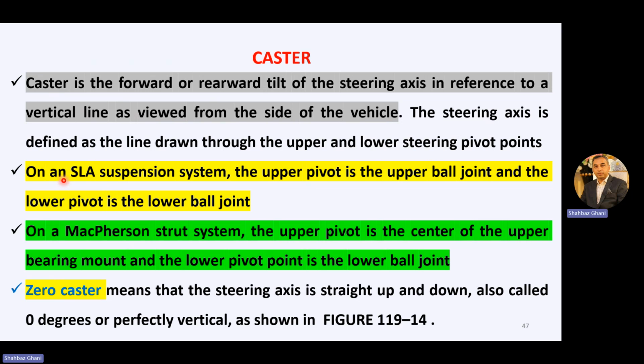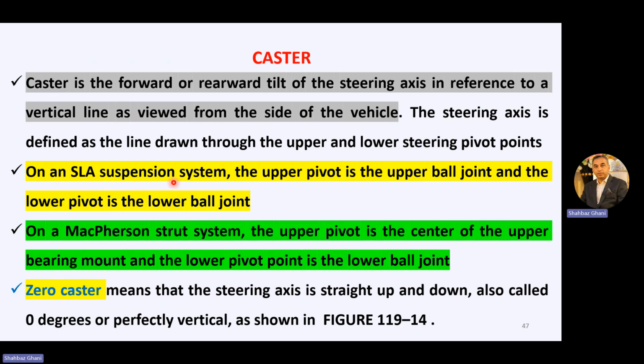On an SLA, short long arm suspension system, the upper pivot is the upper ball joint and the lower pivot is the lower ball joint. From your suspension chapter, the line coming from the upper ball joint and cutting the lower ball joint, that is your steering pivot points.